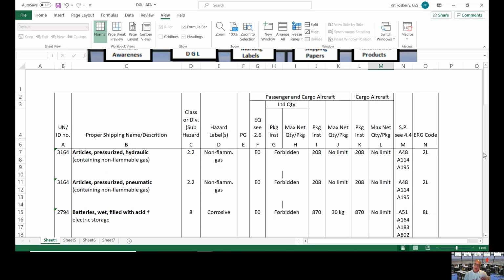If you've got something that does qualify under here, you have to make sure your supplier has complied, and they can say yes, it falls under special provision A195 or whatever. This leads you to what needs to be done on your packaging. So I hope this made the column seem a little bit clearer.